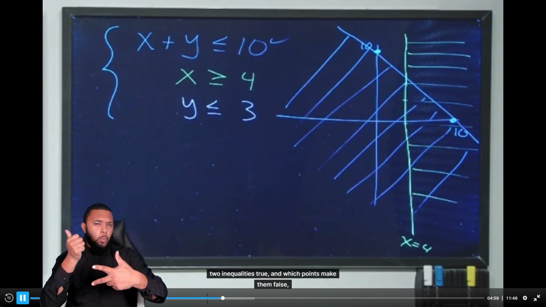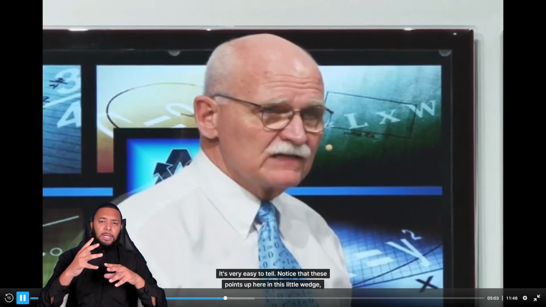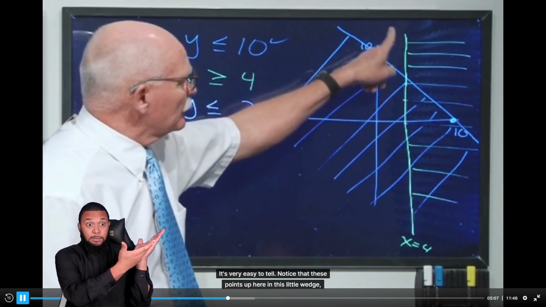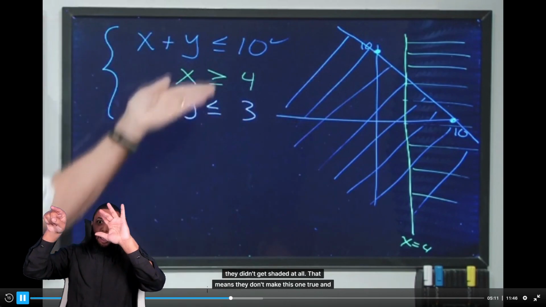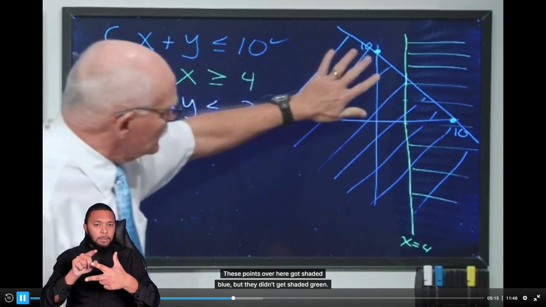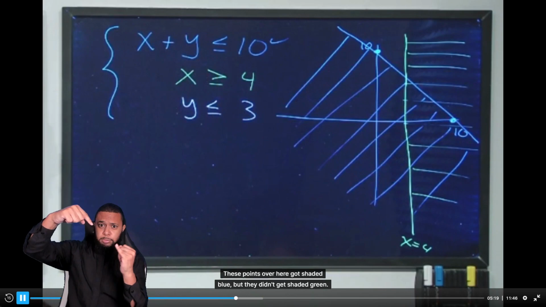Okay? Now already I want you to start thinking about which points make these 2 inequalities true and which points make them false and which ones make one of them true and the other one false. It's very easy to tell. Notice that these points up here in this little wedge, they didn't get shaded at all. That means they don't make this one true and they don't make this one true. These points over here got shaded blue, but they didn't get shaded green.